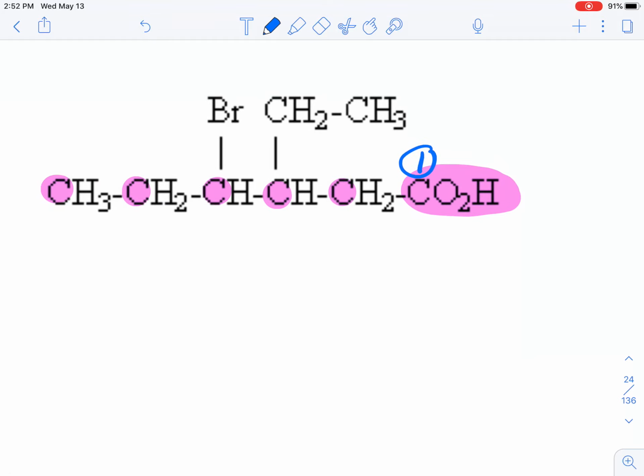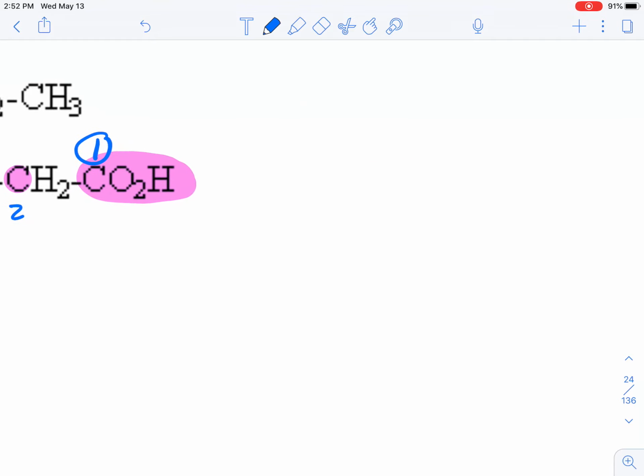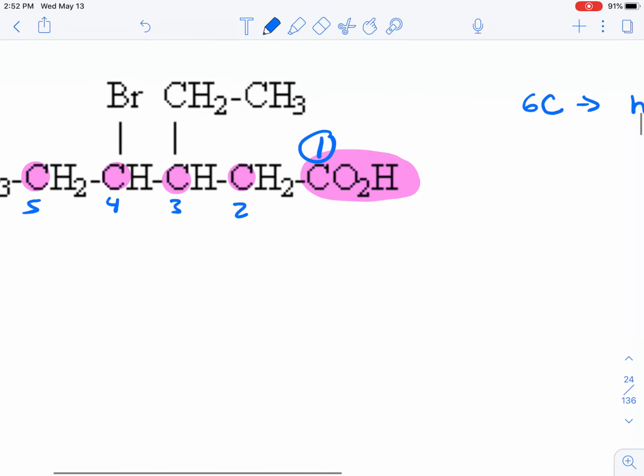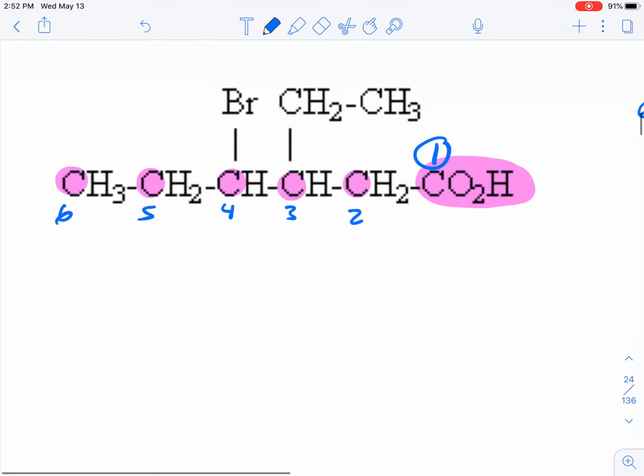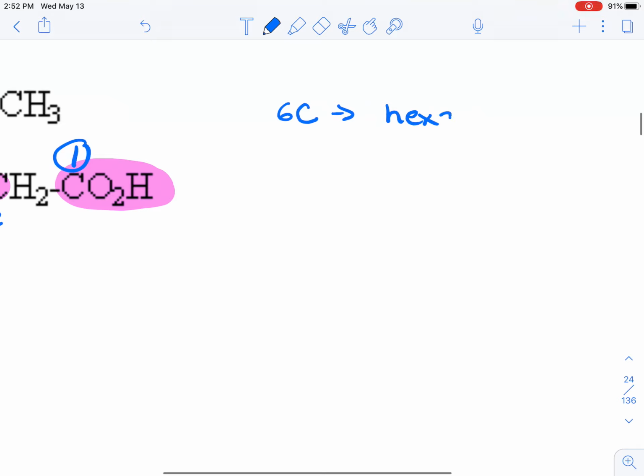So here we have 1, 2, 3, 4, 5, 6. Since this is a 6-carbon chain, we're going to use the prefix hex-. Looking at all the bonds between the carbons highlighted in pink, notice that they're all single bonds. So this is going to be hexane. Drop the E. So this is hexanoic acid.